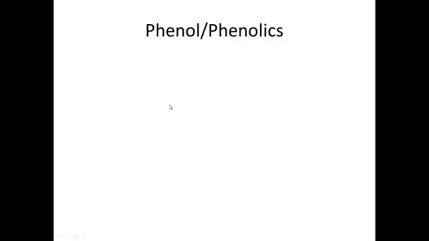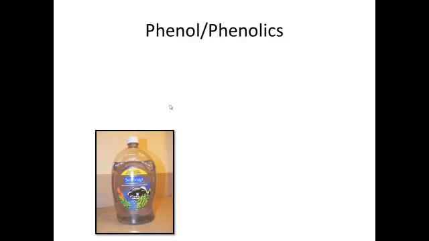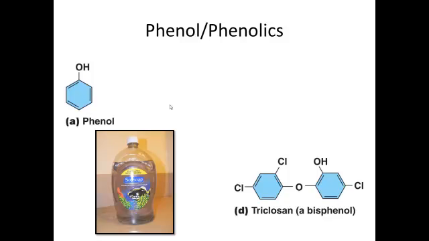Now on to the different active ingredients. Let's start with Phenolics. Okay, I have a bottle of antibacterial hand soap because the active ingredient in that is a phenol. Here's the chemical formula of a phenol.